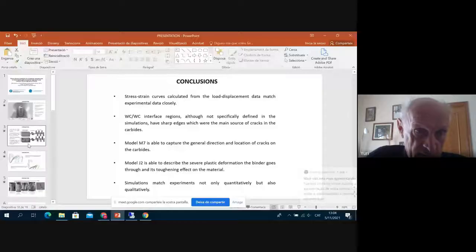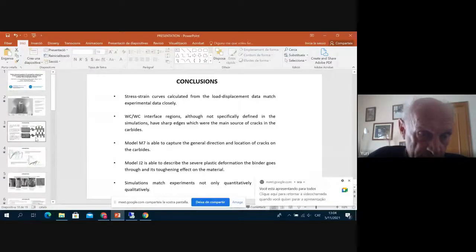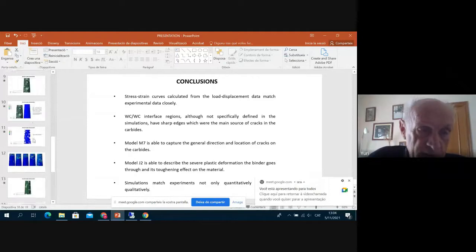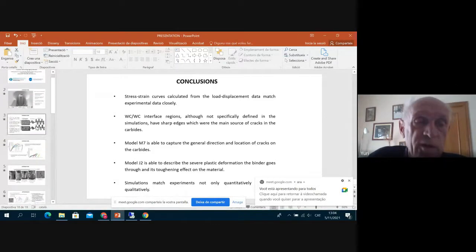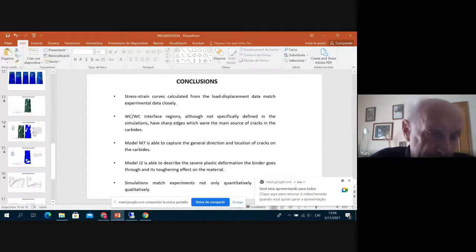Let me put the presentation here. No, during the talk you were comparing from time to time the results of simulations with the FIB image. So is this at different stages, or were you showing all the time the last FIB image?